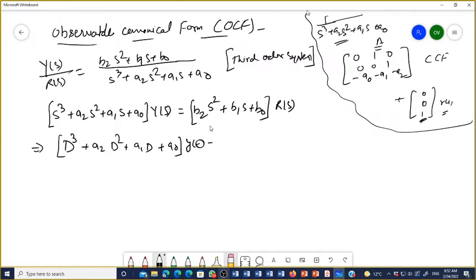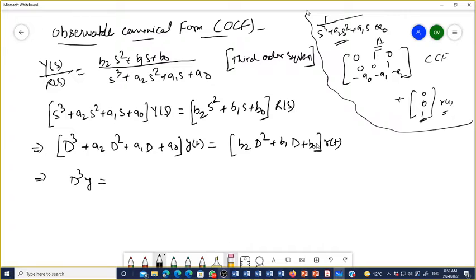This equals b2 d square plus b1 d plus b naught into r(t). So d cube y equals: take the common terms of d square, d, and the constant.